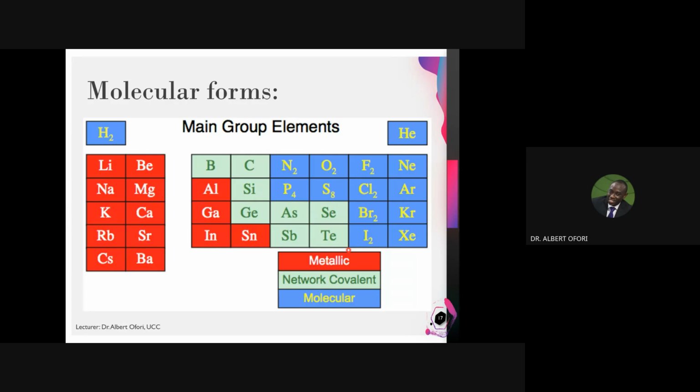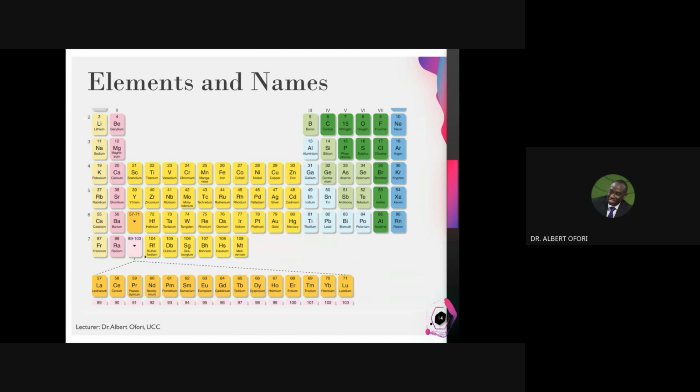But we need to understand a little bit more about this periodic table. We want to mention these trends, the properties that they possess, and how we can map them on the periodic table. If I take any periodic table, I should look at the properties and predict them.